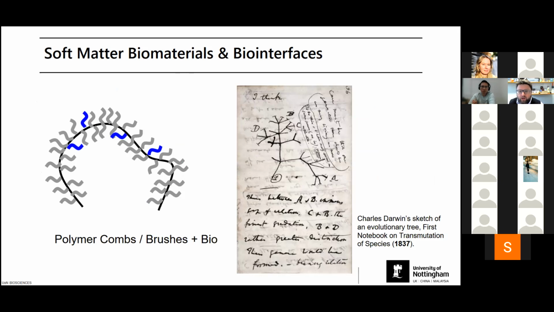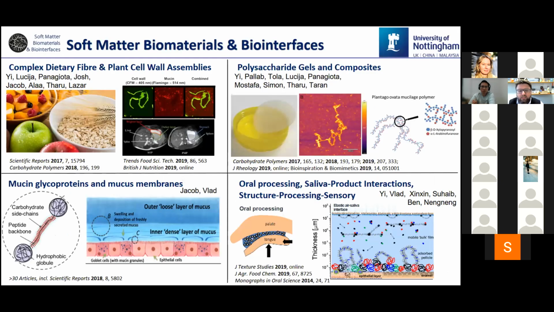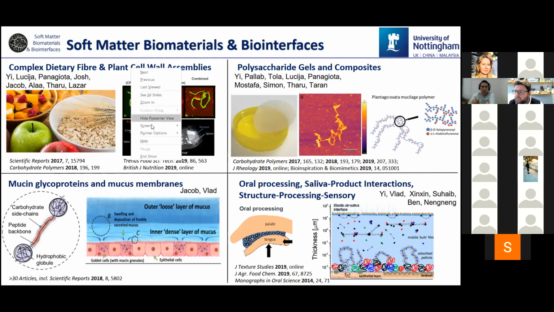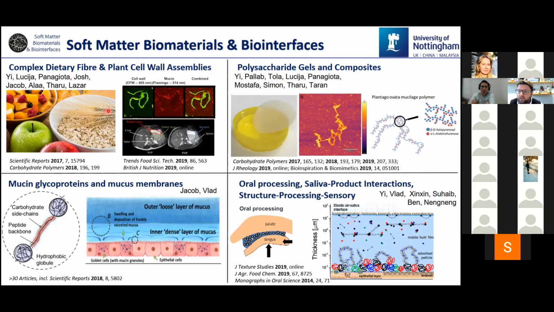In my group, we have several research areas associated with dietary fiber functionality, especially those dietary fibers that come from complex plant cell wall assemblies. I will use the laser pointer. Can you see my laser pointer, so that it will help navigating through the slides if they're busy?